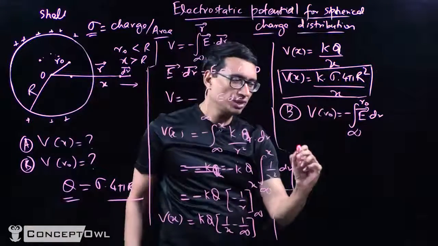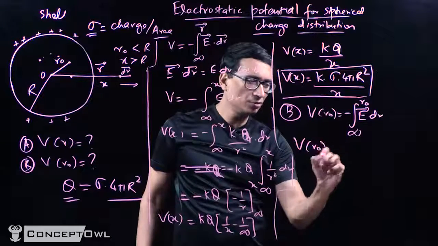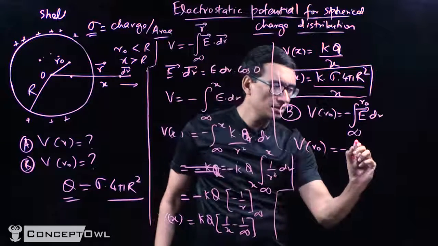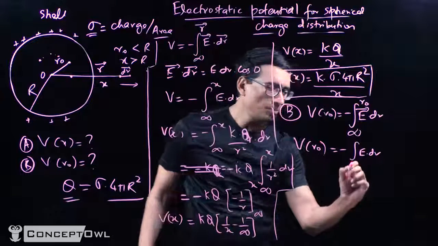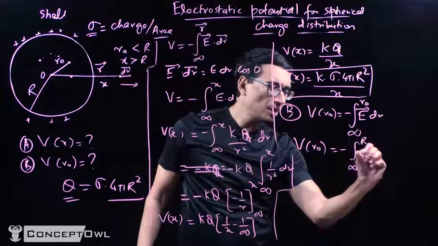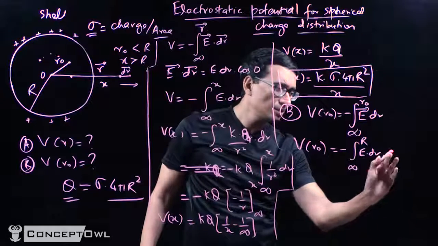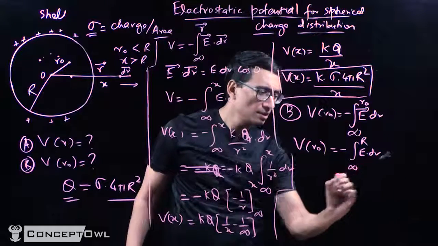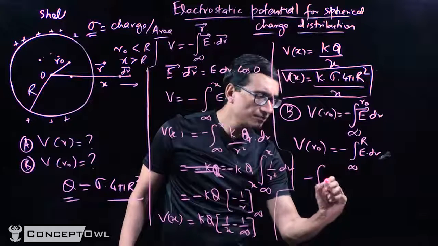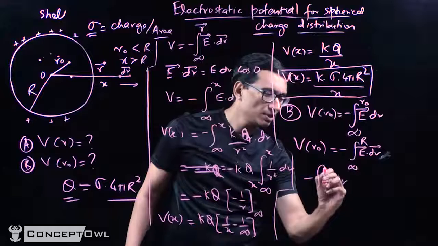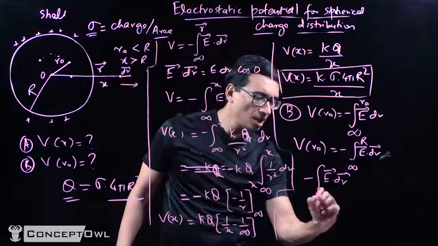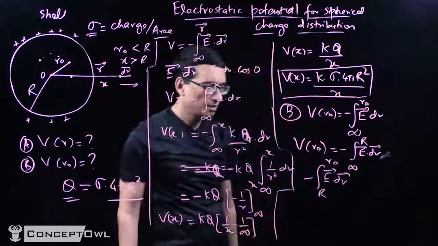So V at R0 would be equal to minus integral E dot dr from infinity to capital R, minus integral E dot dr, this is a vector, from R to R0.